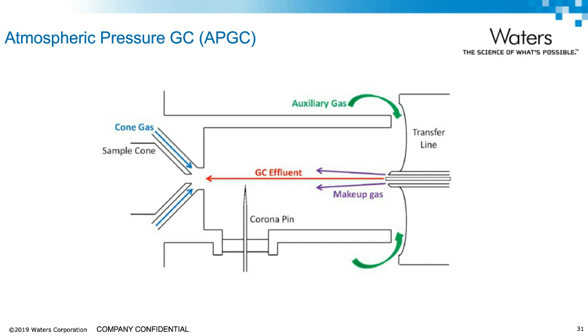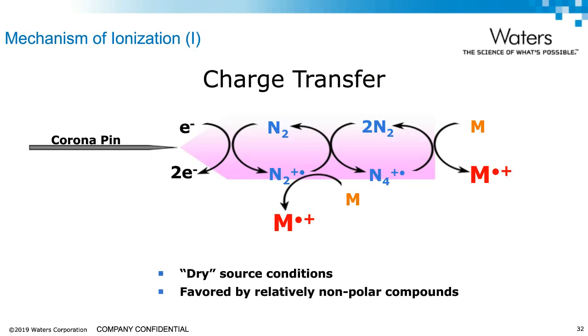APGC maintains benefits of traditional GC methods, but also has advantages such as being able to use faster gas flow rates in the GC, and the spectra have less fragmentation due to softer ionization. There are two primary mechanisms of ionization in APGC.